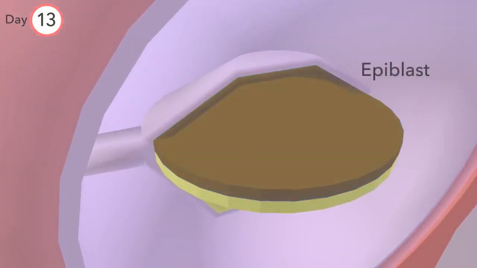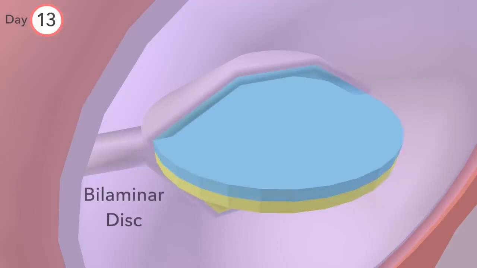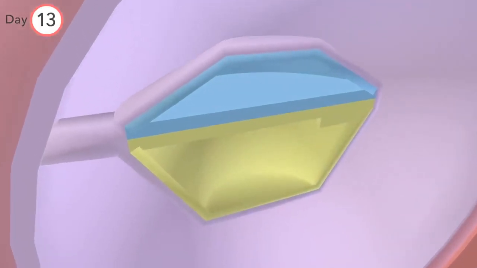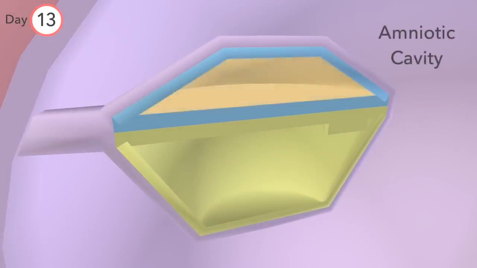The epiblast sits atop the hypoblast, and together these are known as the bilaminar disc. Cells of the hypoblast extend out to form this space called the yolk sac. By this stage, the epiblast has developed inside it the amniotic cavity.